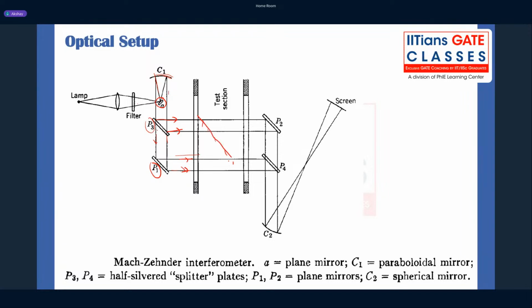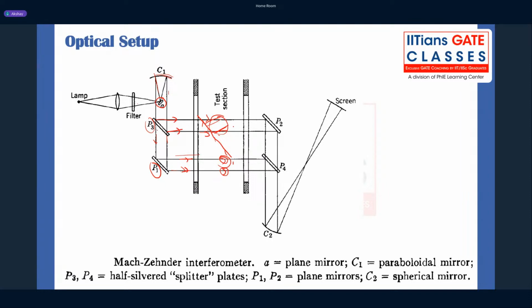Now the part of the light which doesn't see a shock wave and the part of the light which sees a shock wave will get a different deflection. This one will have zero deflection, this one will have some deflection, right? Because of the change in density, it sees a different velocity of light. So both of them will now get different velocities.